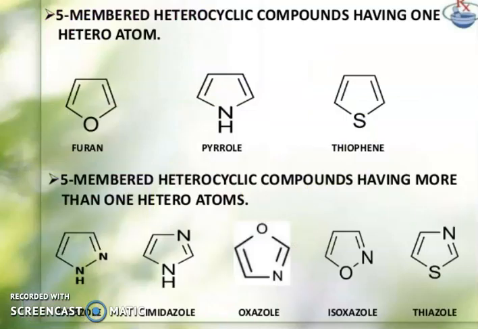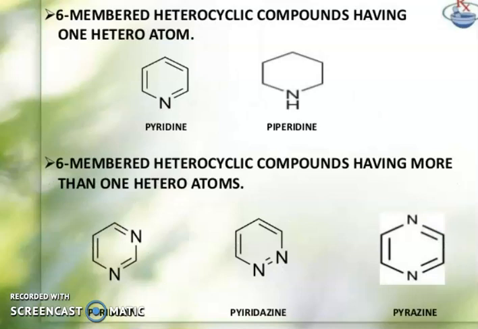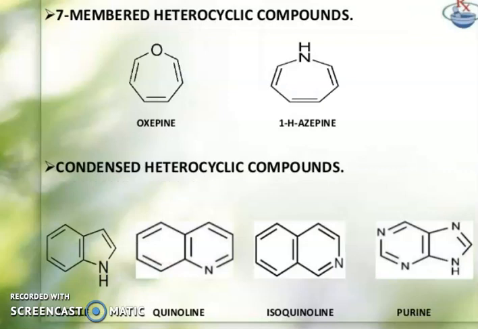Now friends, 5-membered heterocyclic compounds having one heteroatom. These are the examples: furan, pyrrole and thiophene. 5-membered heterocyclic compounds having more than one heteroatom, like pyrazoles, imidazoles, oxazoles, isoxazoles and thiazoles. 6-membered heterocyclic compounds having one heteroatom: pyridine and piperidine. 6-membered with more than one heteroatom: pyrimidines, pyridazines and pyrazine. 7-membered heterocyclic compounds: oxepine and 1H-azepine.